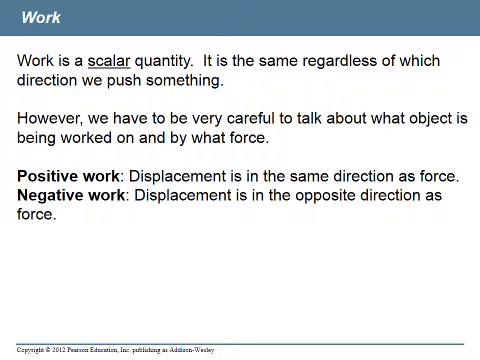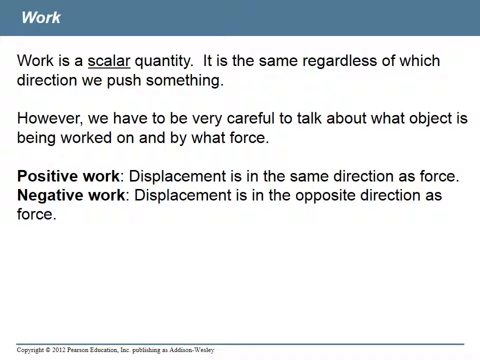But I do have to talk about, because I have different forces at work, and this sort of plays into Newton's third law a little bit, I have to be careful about what's being worked on. If I'm pushing on a box, and there's also friction acting on the box, right? I push on it and I push off to the right, then I do some positive work on the box, right?